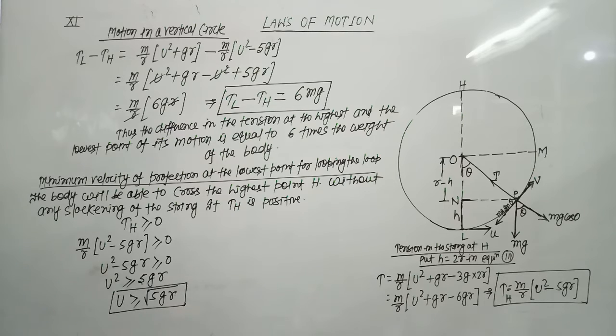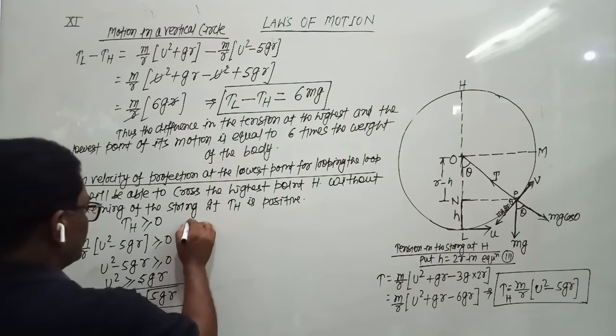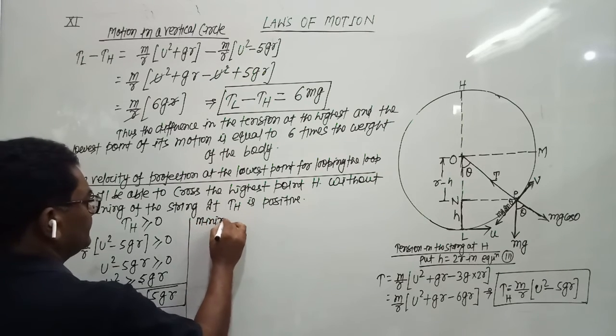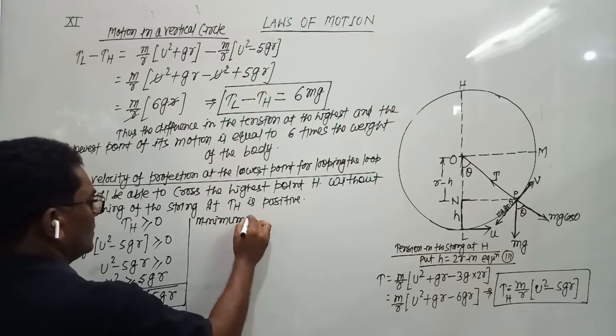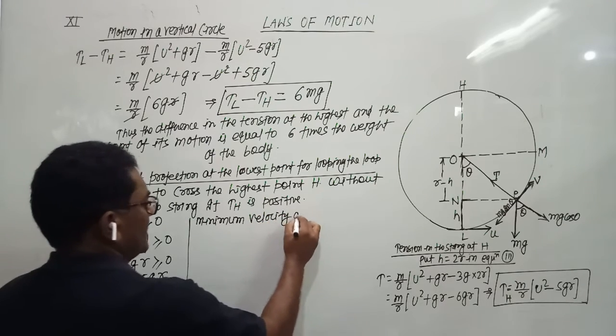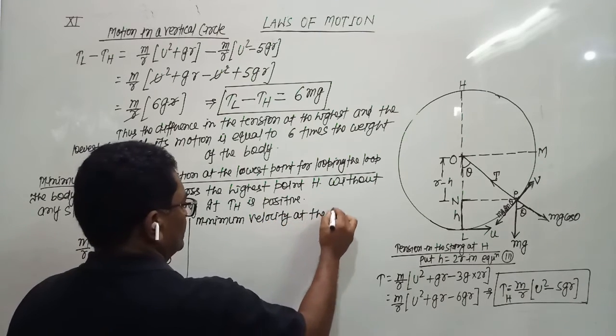Now we calculate the minimum velocity at the top. What would be the minimum velocity at the top?